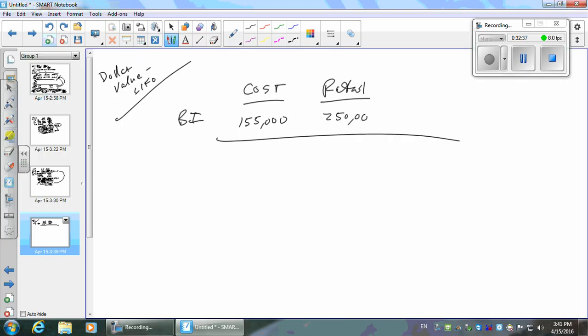What's the cost to retail? What's 155 divided by 250? 62%. Okay, so it's 62%. Good margin, huh? 38%. 38 cents to keep out of each sales dollar.